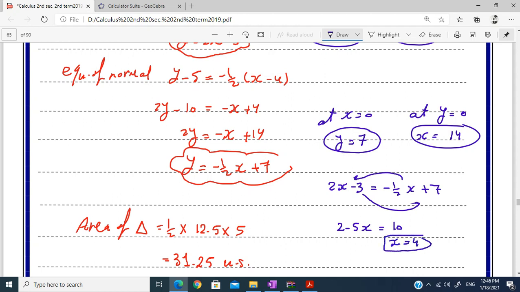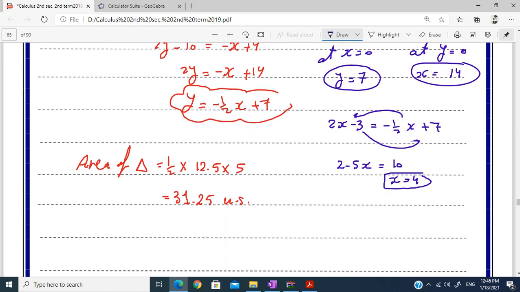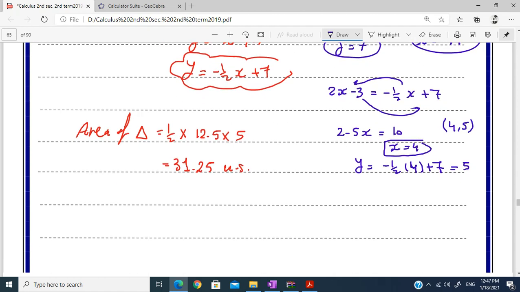By substitution, y equals negative half times 4 plus 7, which equals 5. So the intersection point is (4, 5).